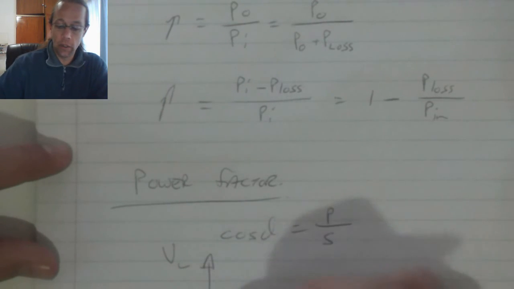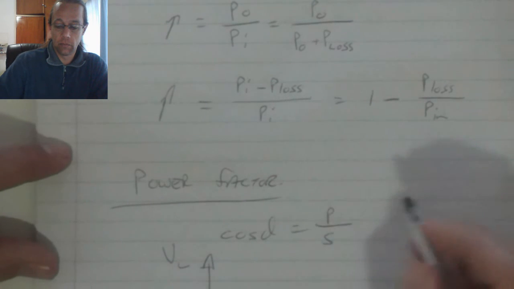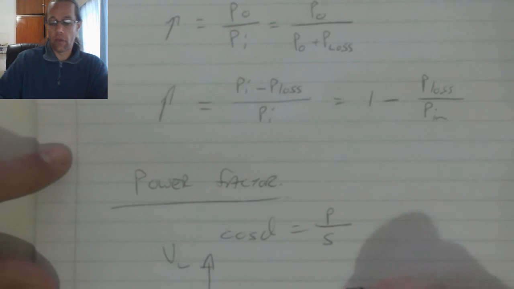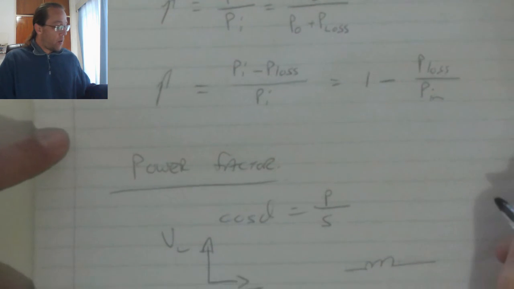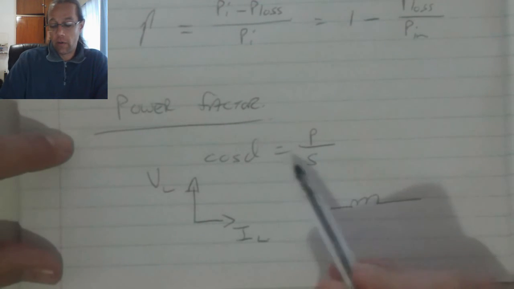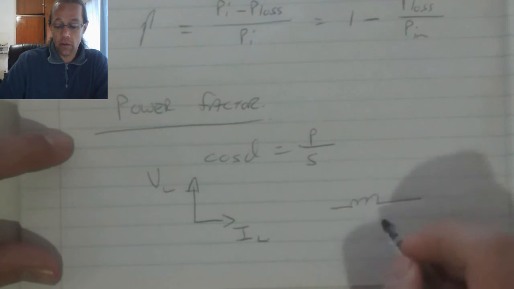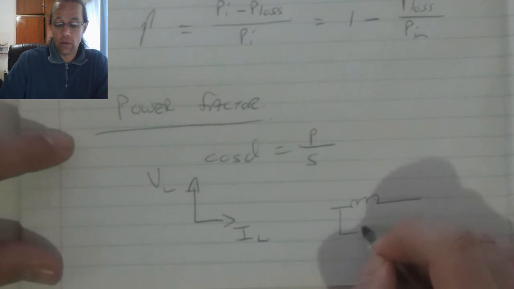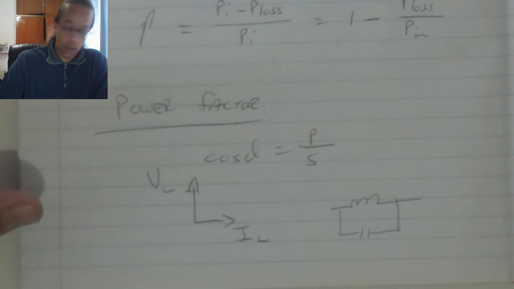Now, to overcome this lagging power factor, what we do is we take our coils that make up our generator. Remember, this is three-phased, or three phases, and we connect into the circuit a capacitor.